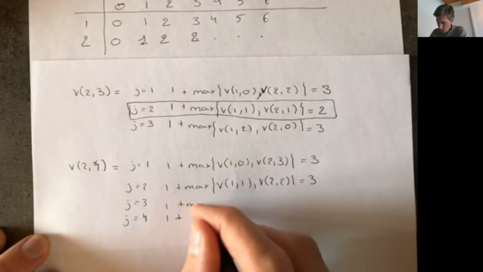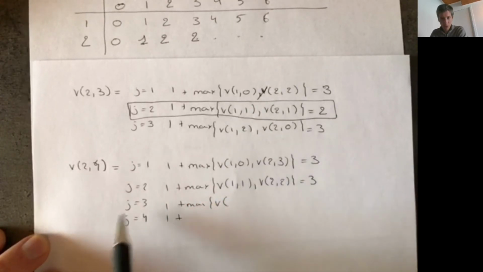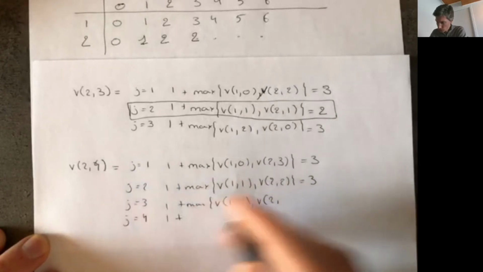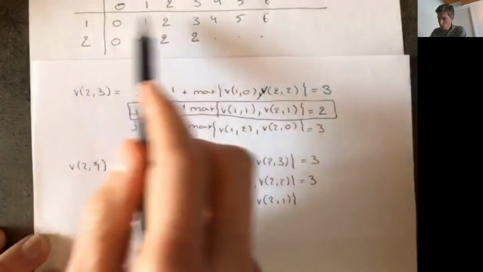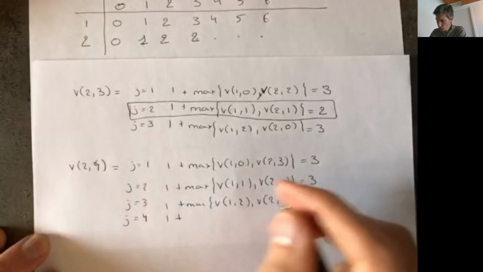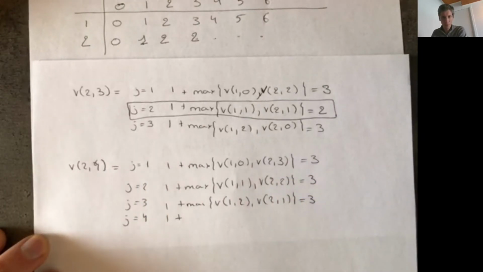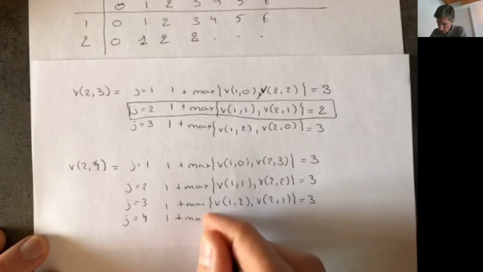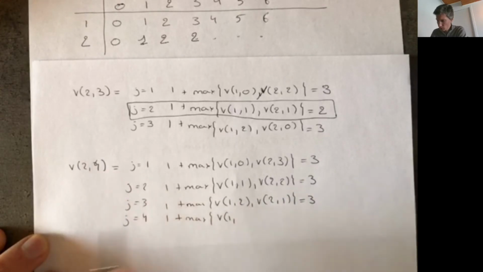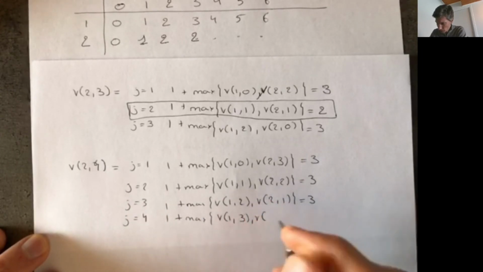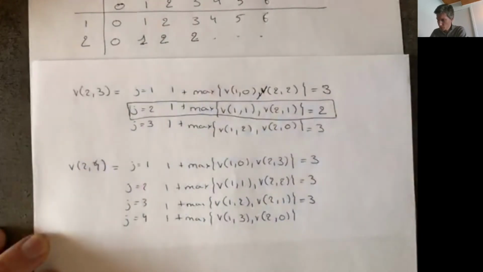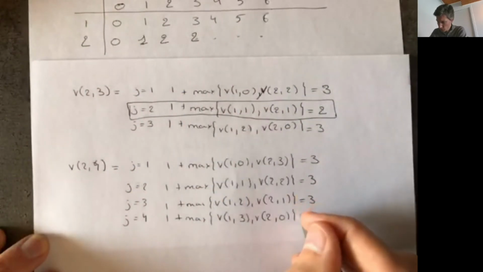Here I have the maximum of v1,2 and v2,4 minus 3 is 1. v1,2 is 2, v2,1 is 1, maximum is 2, plus 1 is 3. And here I have the maximum of v1,3 and v2,4 minus 4 is 0. v2,0 is 0, v1,3 is 3, maximum is 3, plus 1 is 4.